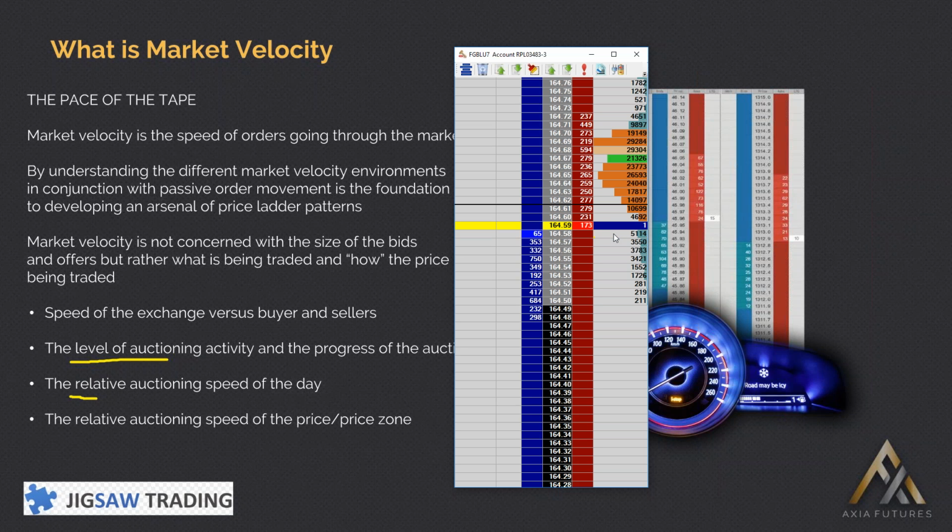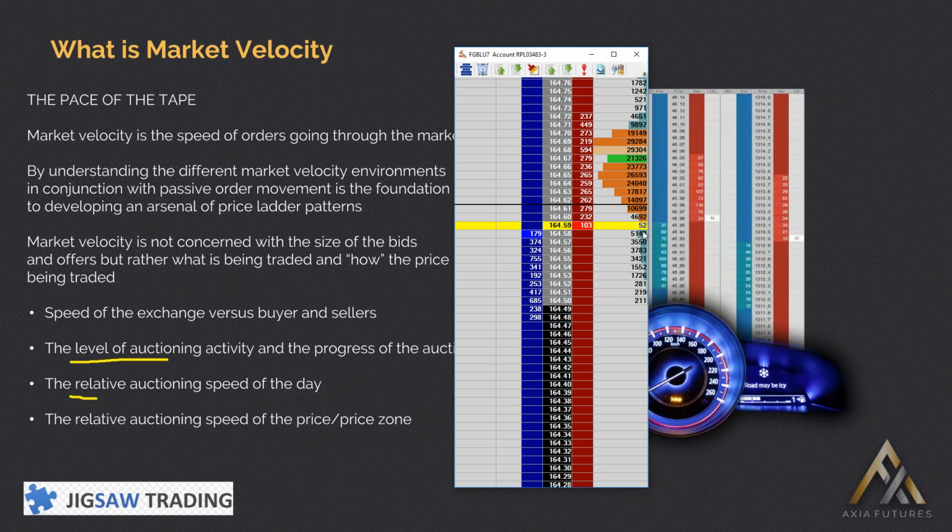As you observe and watch the ladder consistently, your eyes and cognitive skills start picking up the relative speed of the market through screen time, like riding a bike, practicing your forehand in tennis, or your swing in baseball: that repetitive but conscious action. You start to pick up the subtle nuances of what high speed and low speed are for your market.